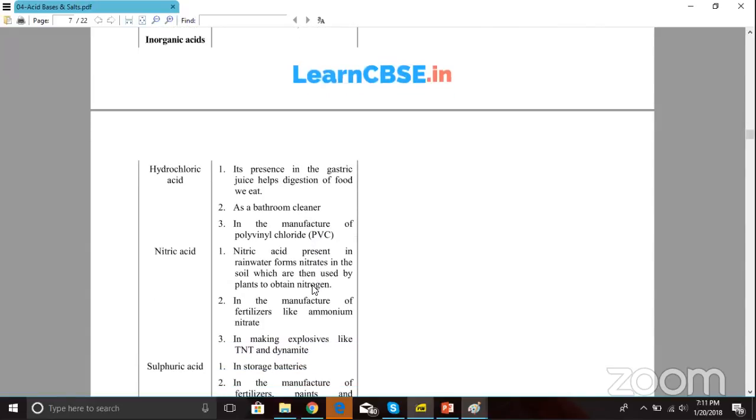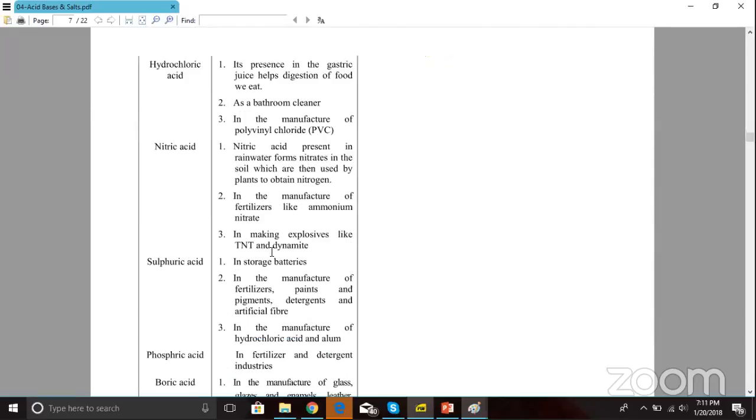Inorganic acids, the first one is HCl. It is present in the gastric juice, which helps the digestion of the food we are eating. It's also used as a bathroom cleaner, and one of the important uses is the manufacture of polyvinyl chloride, PVC.